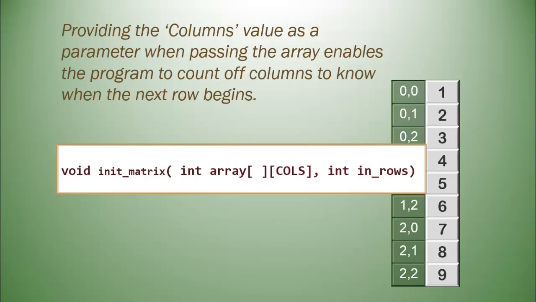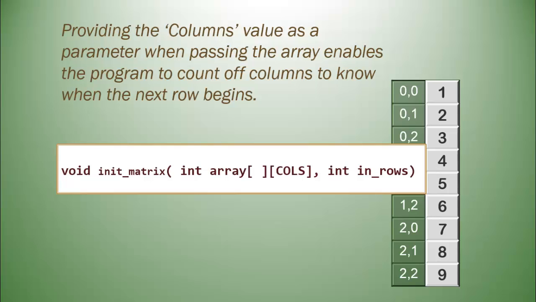Internally, the program will then say, starting from the pointer at 0,0, I'm going to count off 3 integer spaces. So 0,0, 0,1, 0,2, 3 integer memory locations, and at the end of that I'm going to call that one row because it reached the column limit, and then it starts over.